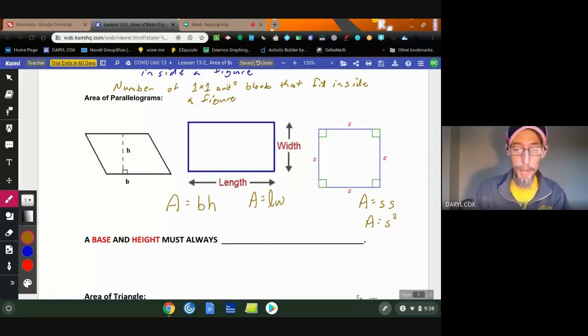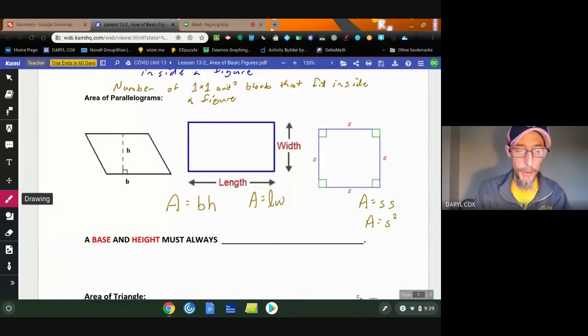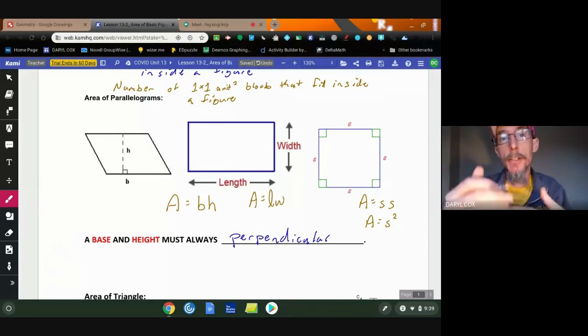Now, you do have to remember that the base and the height must always be what? From our earlier studies, you should have known that a base and a height must always be perpendicular, or must always form a right angle, okay? You've got to make a right angle. We said that every dimension has to intersect at a right angle.